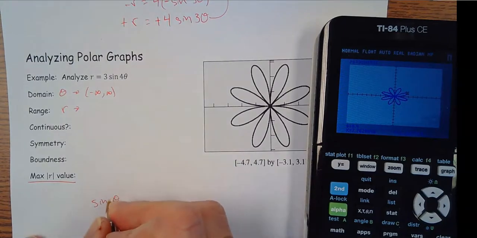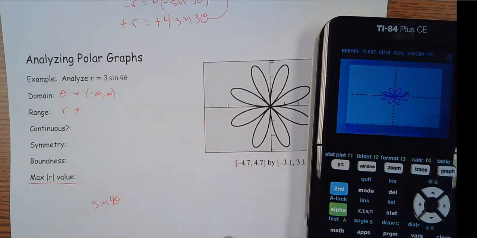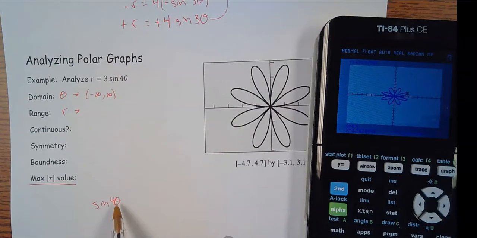Now, me putting a 4 in there doesn't change anything, because I'm still doing sine of angles. So if I had pi over 2, that gives me a maximum value of 1. Well, if I take pi over 2 times 4, that's 2 pi, and sine of that would be 0. So that didn't make it bigger or smaller. So this goes from negative 1 to 1.